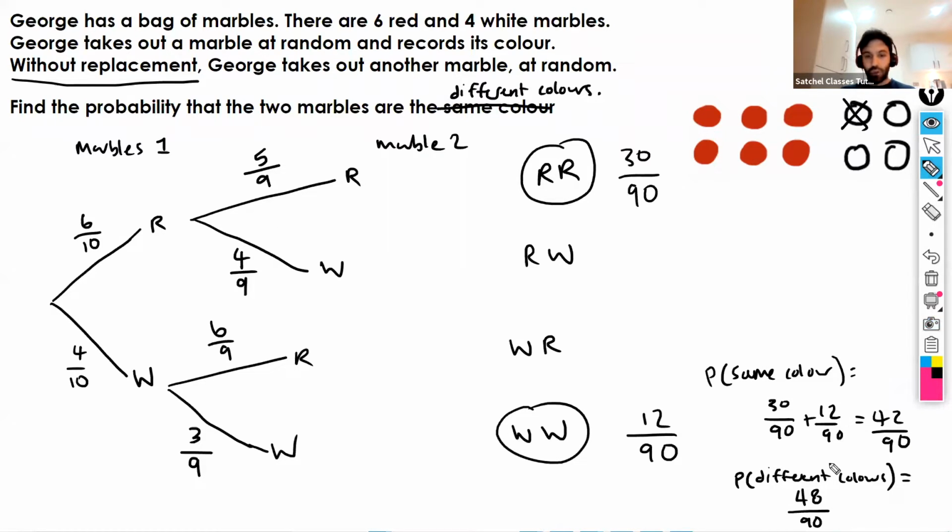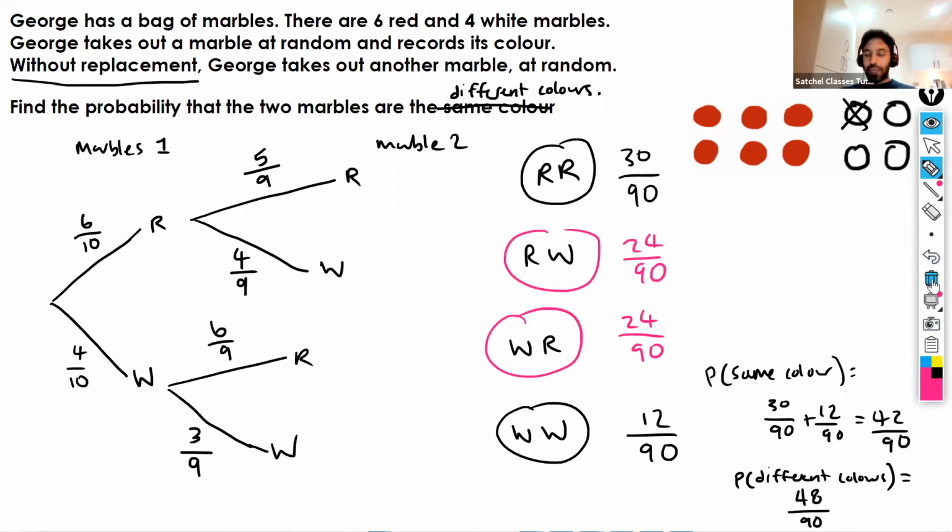Let's see if this is true. Now the probability of red white is going to be 6 times 4 is 24 out of 90. And the probability of white red is going to be 24 out of 90. So the probability of different colors would be white red or red white. 24 over 90 plus 24 over 90 will give us 48 over 90.